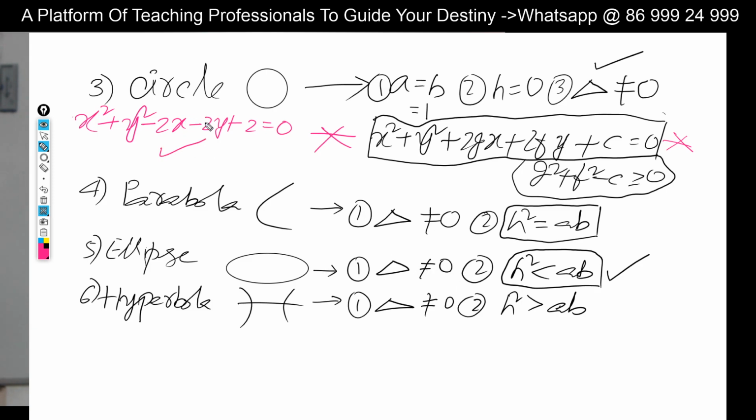But after learning coordinate geometry, immediately when we see this equation, we say that it represents a circle. How? Because in this case, the coefficient of x square is equal to the coefficient of y square, and there is no xy term, that means the coefficient of xy is 0. So confirmedly, by looking at this equation, we say that it represents a circle.